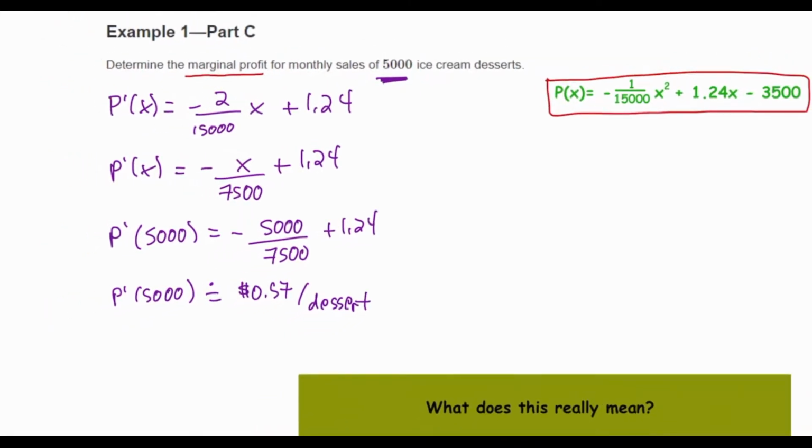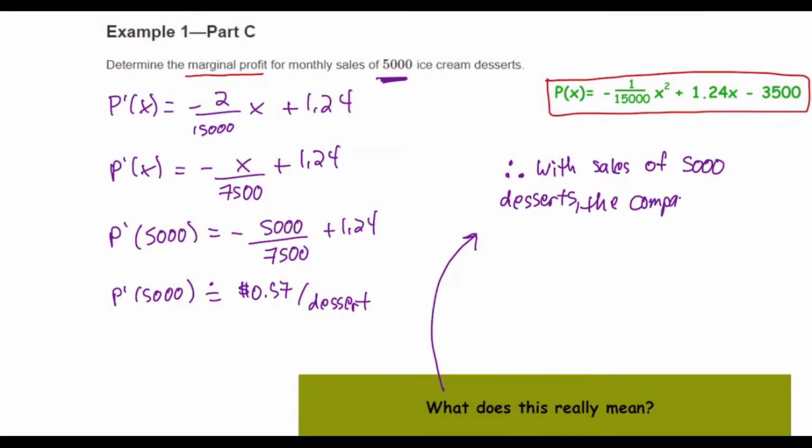So what does this really mean? Well, let's interpret and write our concluding statement. Therefore, with sales of 5,000 ice cream desserts, the company's profit, and it's positive, it's a positive rate of change, so it's an increase.